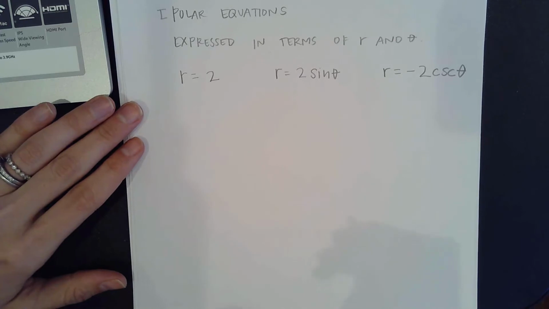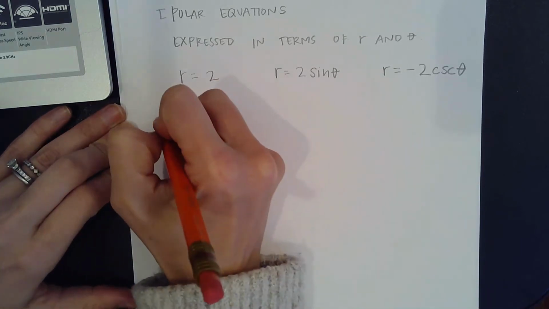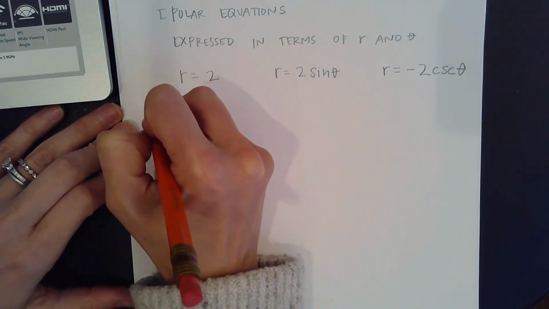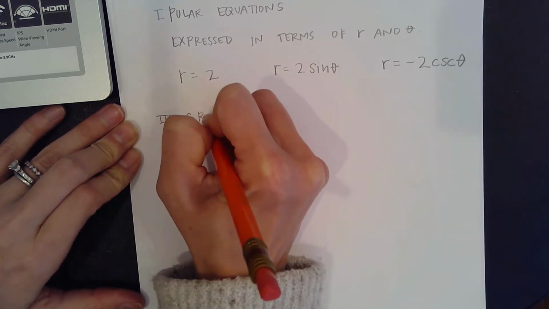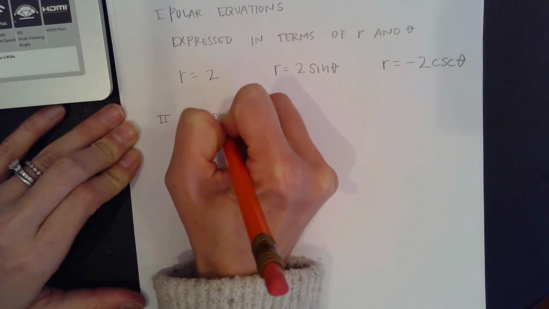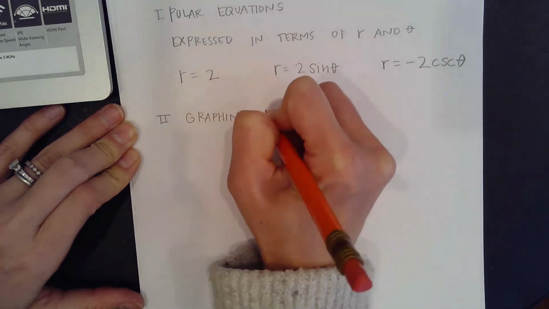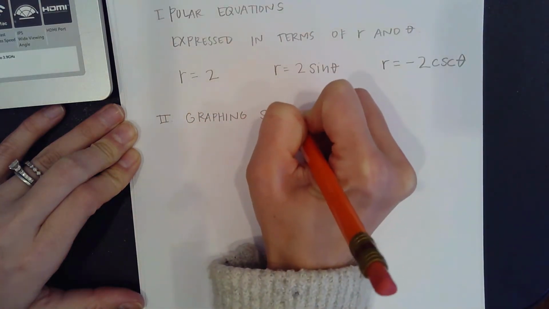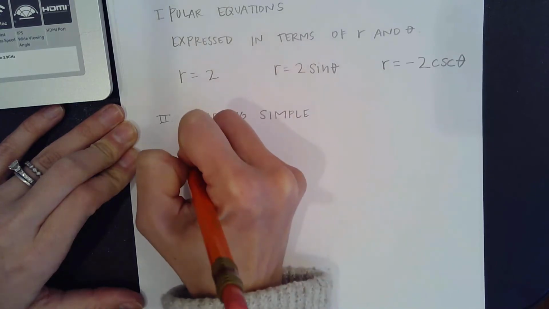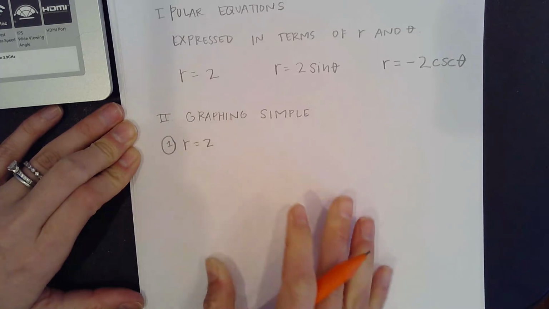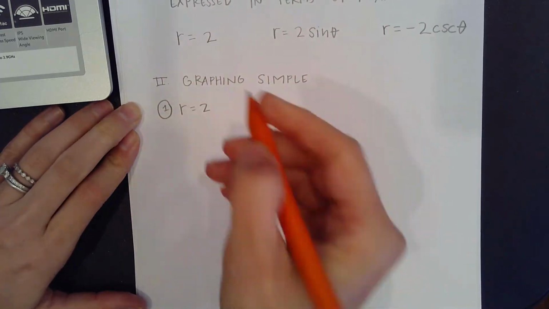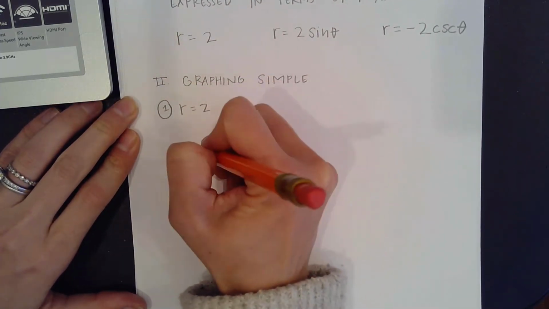Okay, so a simple polar equation, we'll look at simple ones first. So if I had r equals 2, that means that your radius is going to be 2.